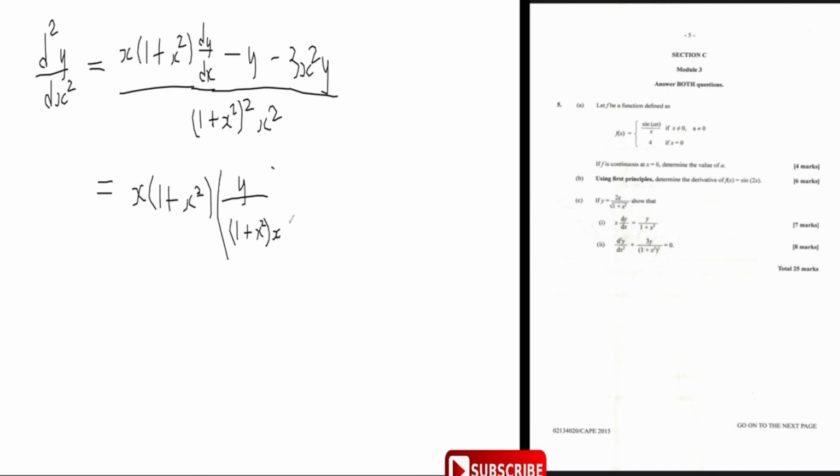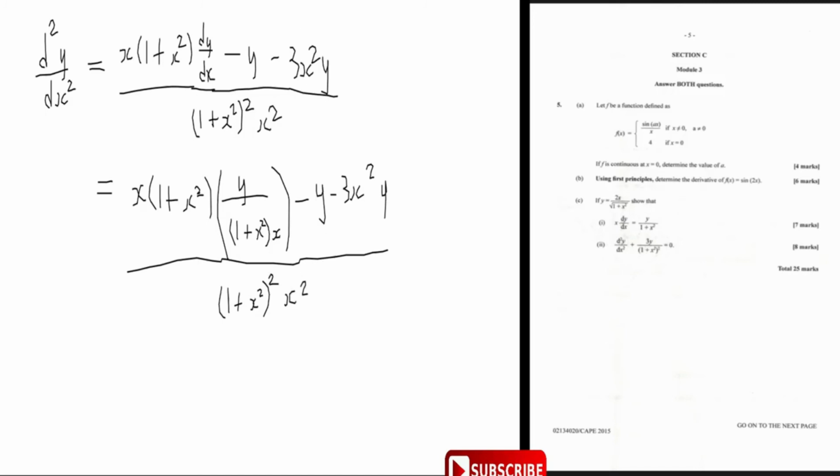That's dy by dx, minus y minus 3x squared y, over (1 plus x squared) all squared times x squared.